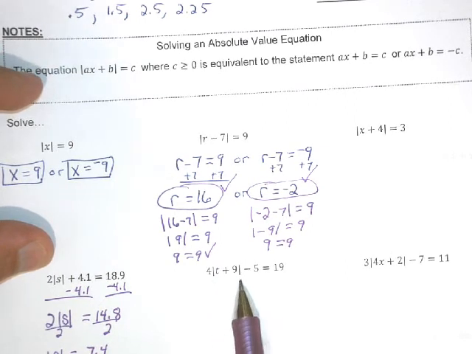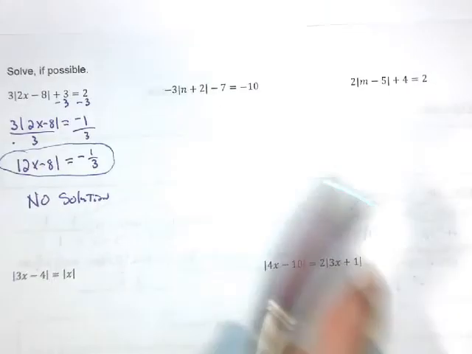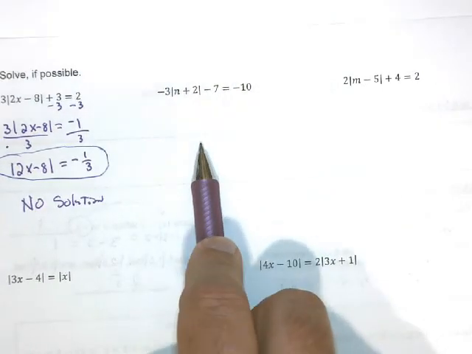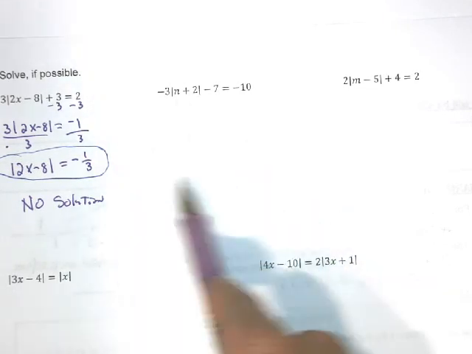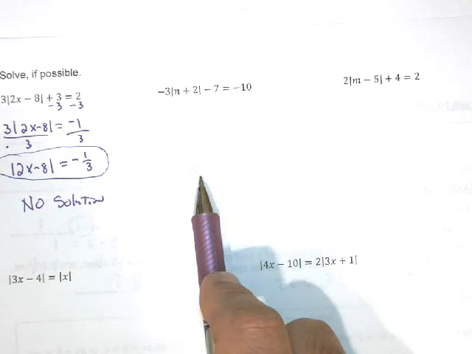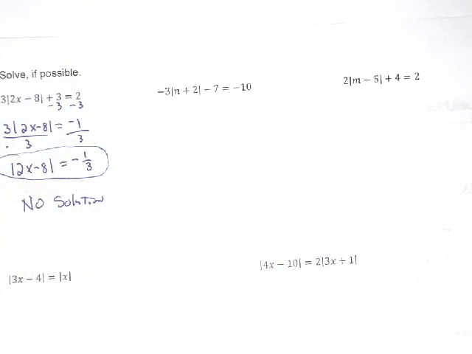It's 4 times the quantity t plus 9, minus 5 equals 19. We've already gone through one of those, so that'll be another good checkpoint for you. You will get 2 answers for your n here. You might need a little more space to check those to make sure that they work.